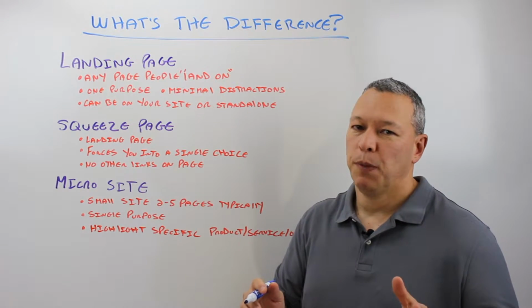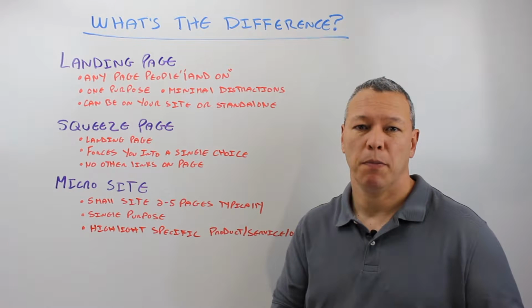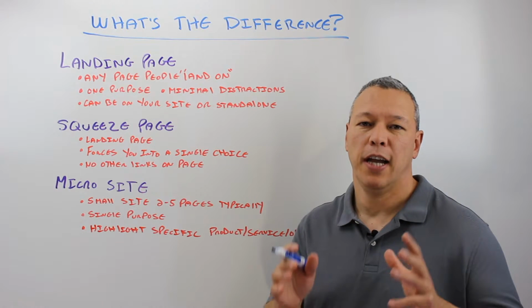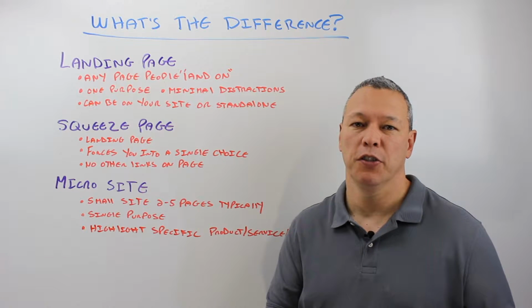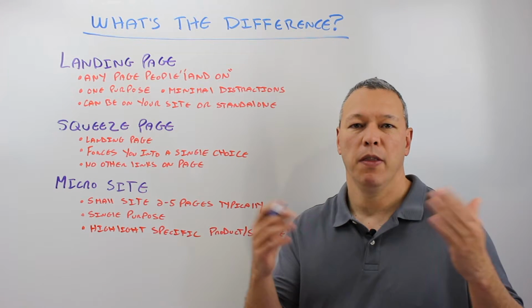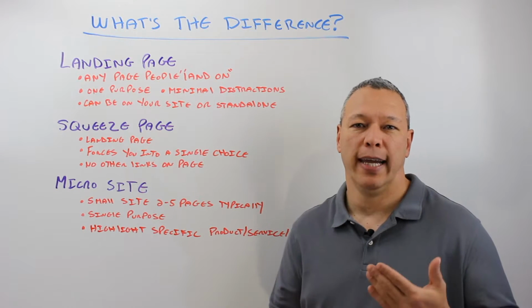From a marketing perspective, when you're creating a landing page, it should have one purpose, one goal, and minimum distraction. A lot of times, even if it's on your site, you want to remove the menu bar at the top of your website, the footer, social links, things like that.